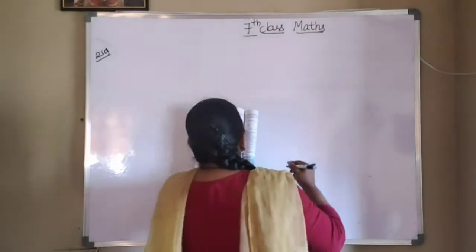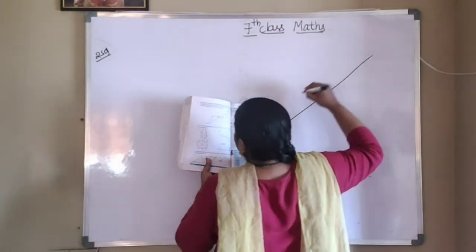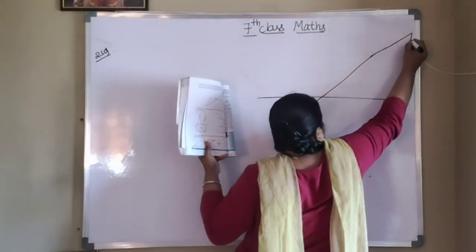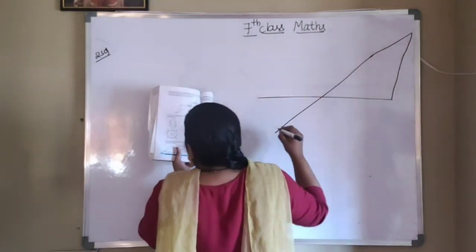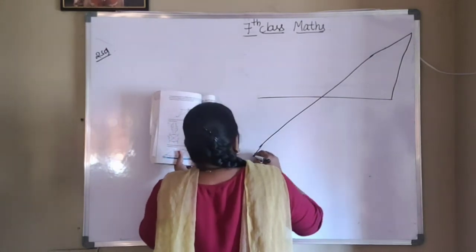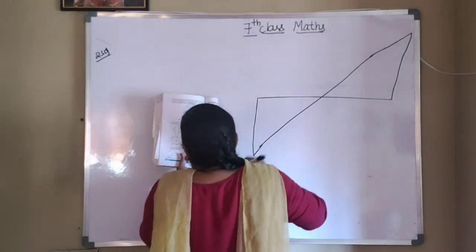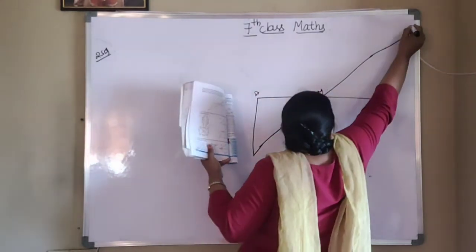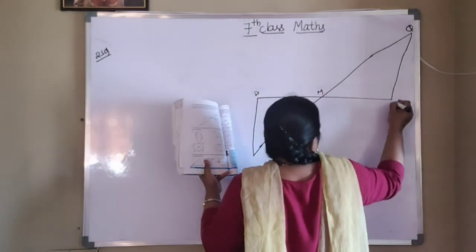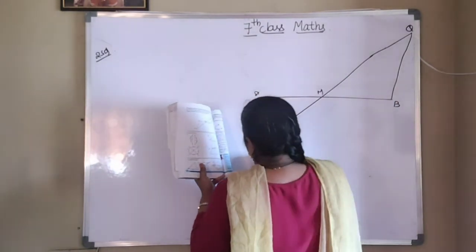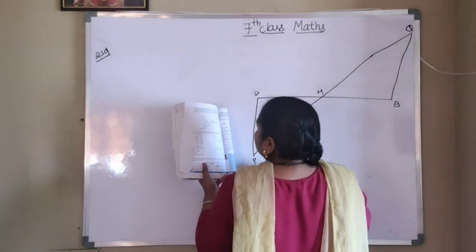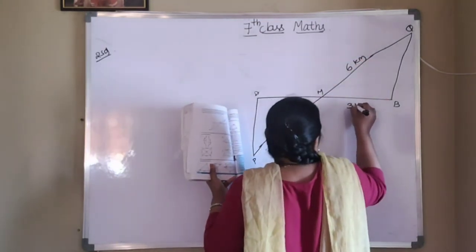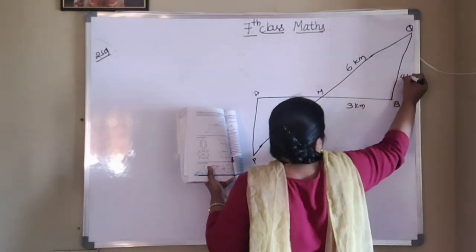So here they have given one figure. A, M, Q, B, P. So here it is 6 kilometers, and here it is 3 kilometers, here it is 4 kilometers.